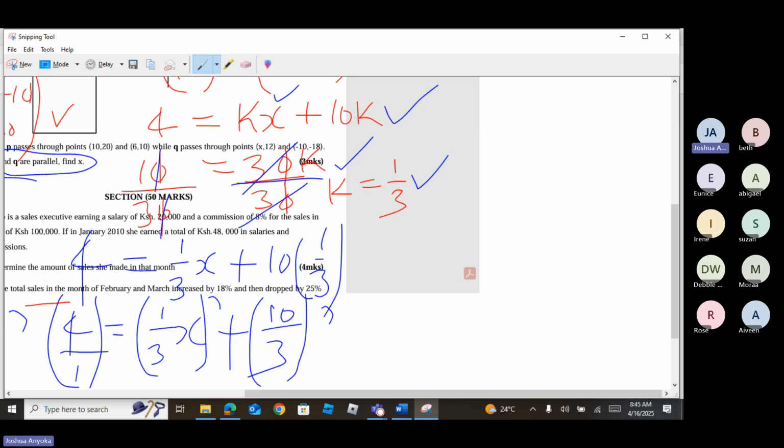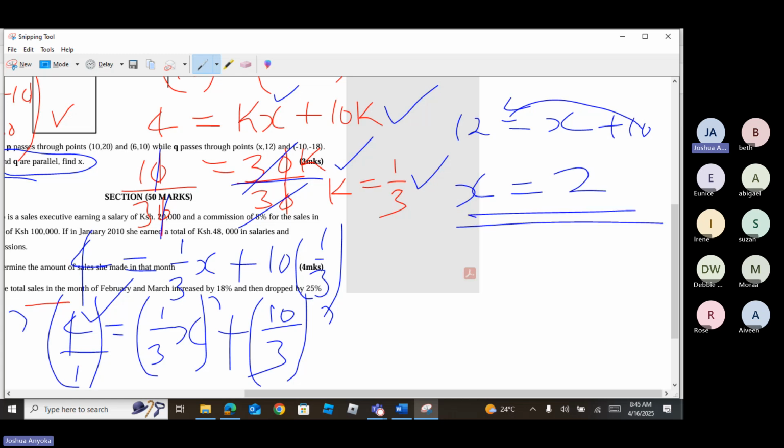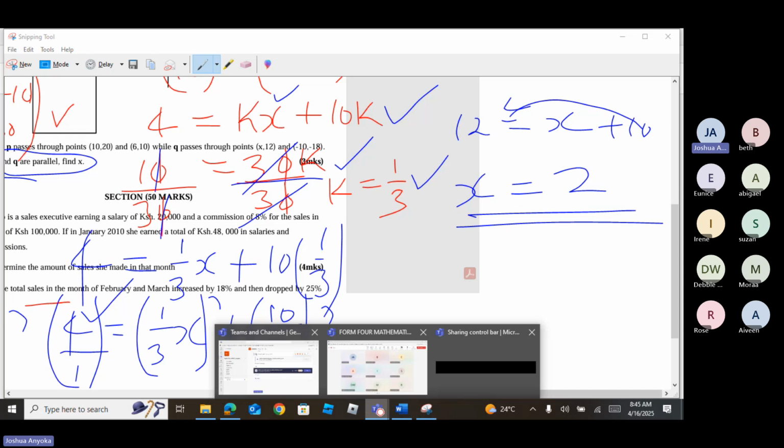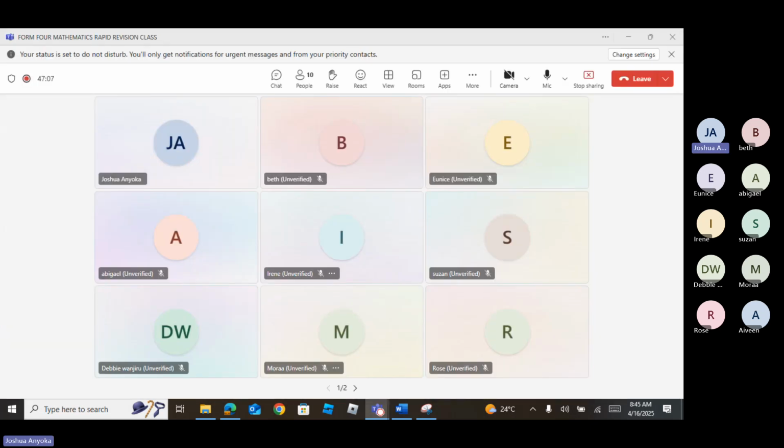So we have 12 equals to 3 times 4, 12 equals to x plus 10. Then x is equal to 2. So the value of x is 2. Are we together in this?